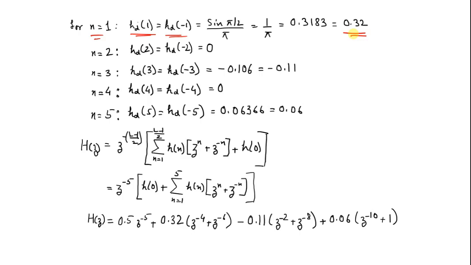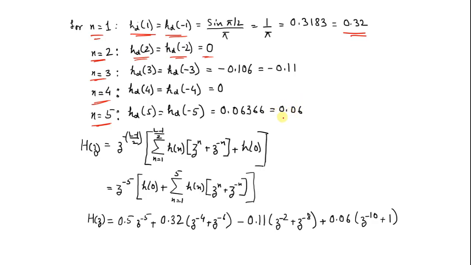If you are not conversant with the calculator, you will face trouble in your examination. Similarly, we'll be putting the n values. N equals to 2, we'll be getting HD2, HD minus 2, it is 0. Likewise, n equals to 3, 4, and 5, we will be getting the values. So for all the values we have got some values.